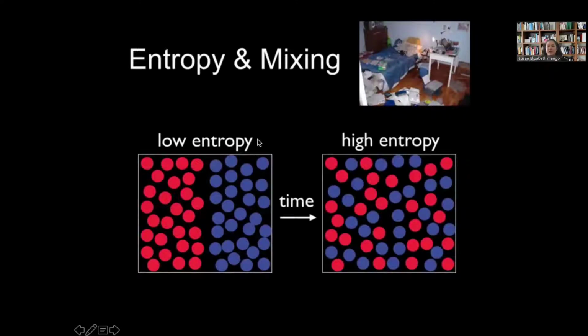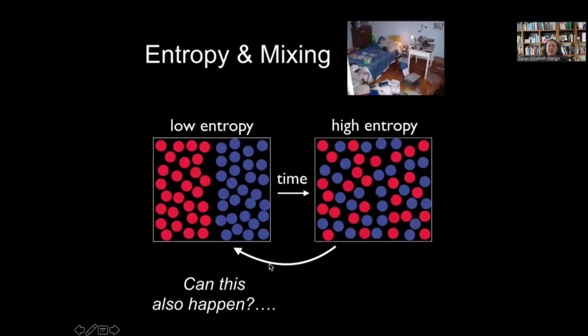So what we normally think of is that if you have something organized, it tends to go into a mixed state like this. And so we're asking, can this happen? Can something that is a mixture demix and become two separate entities? That's what is happening in these kinds of organelles like the nucleolus.